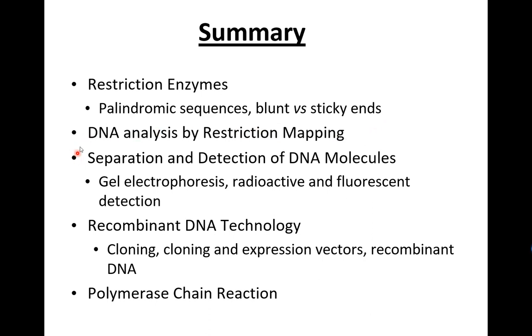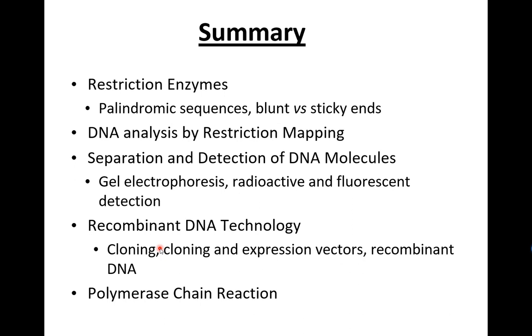Then we talked about how DNA molecules that have been cut can be separated and detected. So we talked about gel electrophoresis and how DNA can be labeled using radioactive material or fluorescent dyes. Then we talked about cloning. So how do you generate recombinant DNA molecules? We talked about how cloning involves the production of millions of copies of a target sequence, for the purpose of just making lots of these copies, or to express a specific protein.